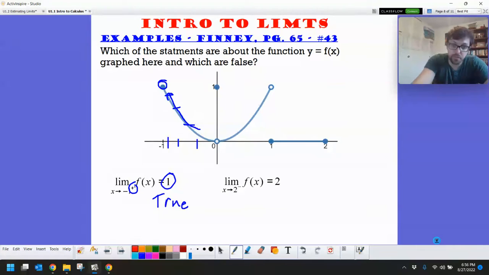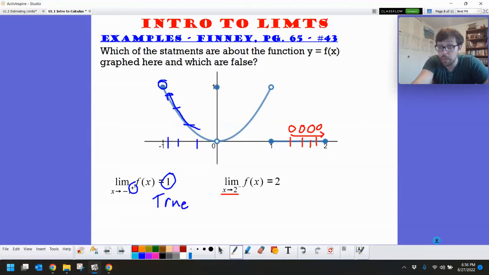If we check this one over here, what is going on as x approaches 2 coming in from the left? As our x value is 1.5, 1.7, 1.8, 1.9, it seems to be spitting out a y value of 0, 0, 0, 0, until it hits 2.